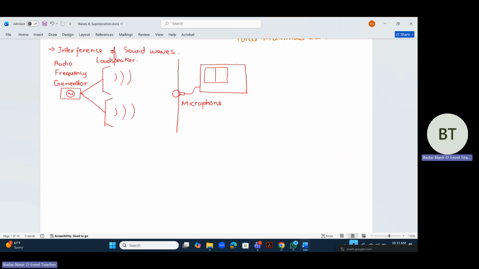So this is the major purpose of a CRO. So we have the X sensitivity and the Y sensitivity ones. So we have this CRO.